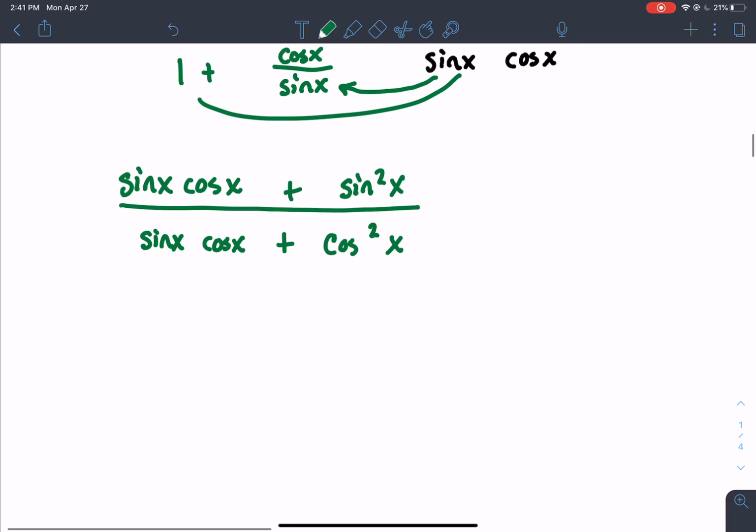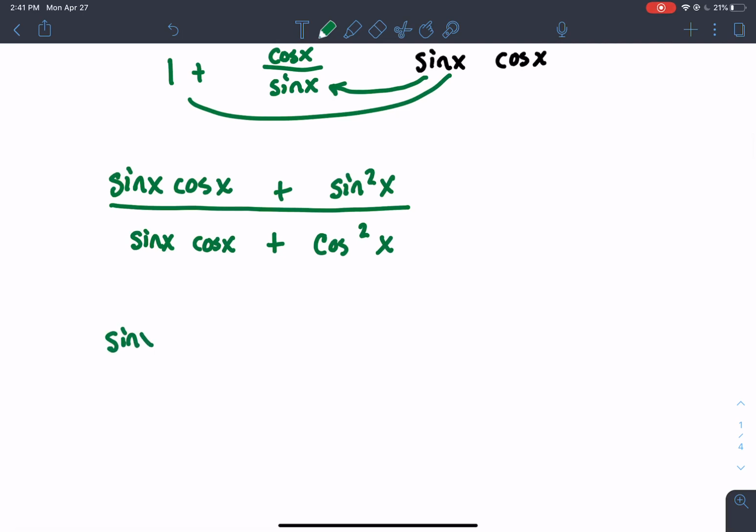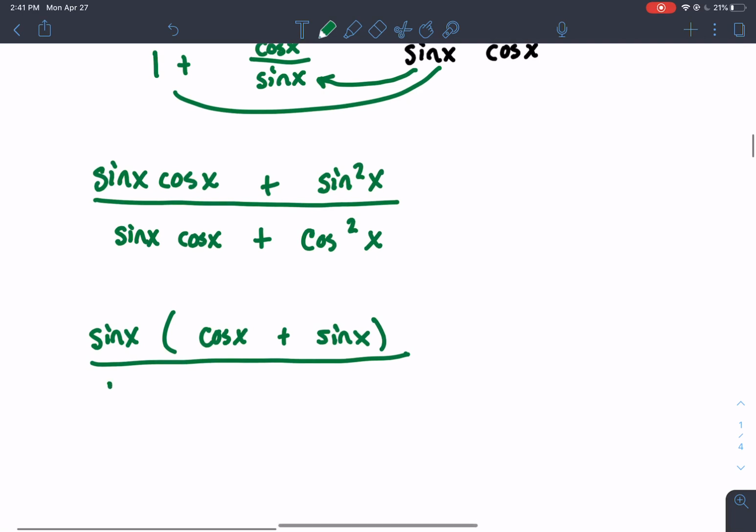Now, you can look to factor on the top and the bottom. So I could take out a sine term in the top. That's going to leave me with cosine x plus sine. And then I can take out a cosine term in the bottom, which is then going to leave me with sine of x plus cosine. Okay.